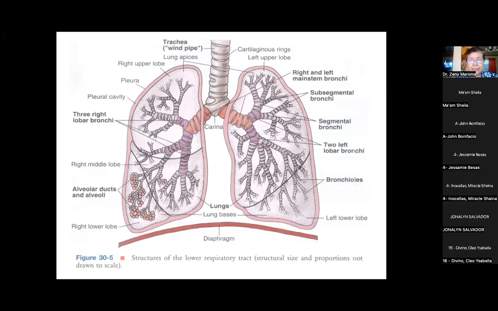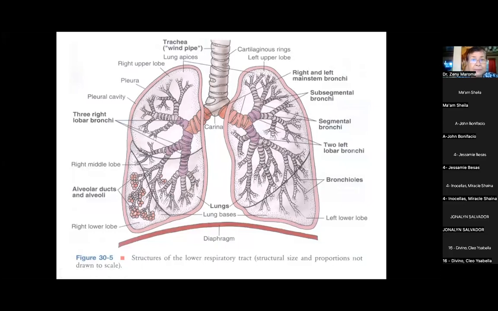And the pressure in the pleural cavity should be negative. So we have here the pleura, the covering of the lung. The outermost layer is the parietal pleura, and the inner layer is the visceral pleura, which closely adheres to the lung.